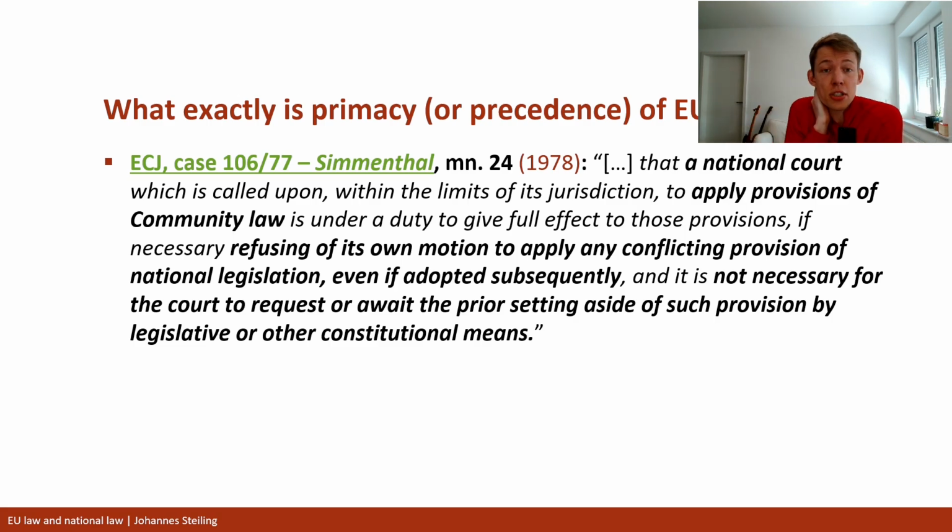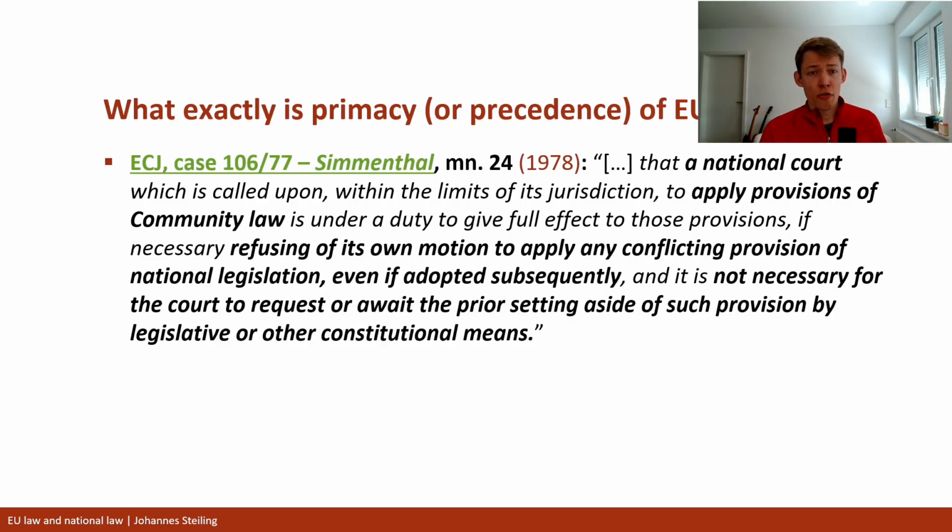Basically, the ECJ says national courts and national administrations must disapply any national law which conflicts with EU law if they are asked in a certain case to apply community law, right? And they must not wait for or request, for example, their Constitutional Court to invalidate the national law or to decide on this issue, right?